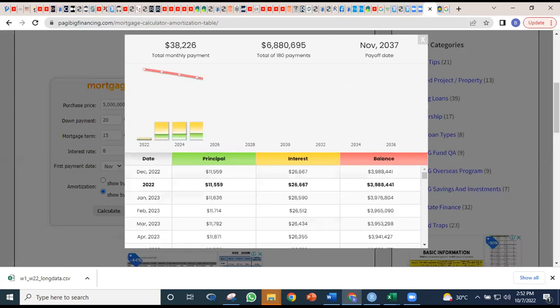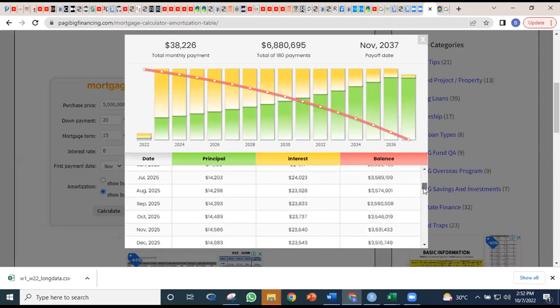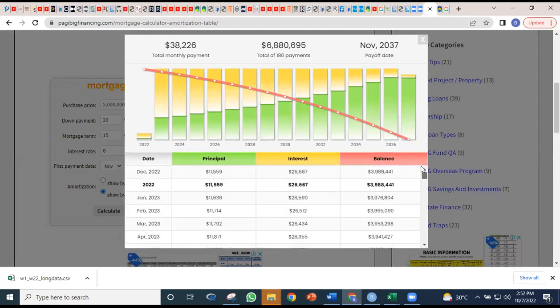Okay, let's see. So this is the plot and this is the computation which the Pag-ibig amortization calculator gives us. Let's have a quick study of this. Here you have your total monthly payment. This is the annuity, because monthly we're going to pay an equal amount. Monthly you'll be paying 38,226.